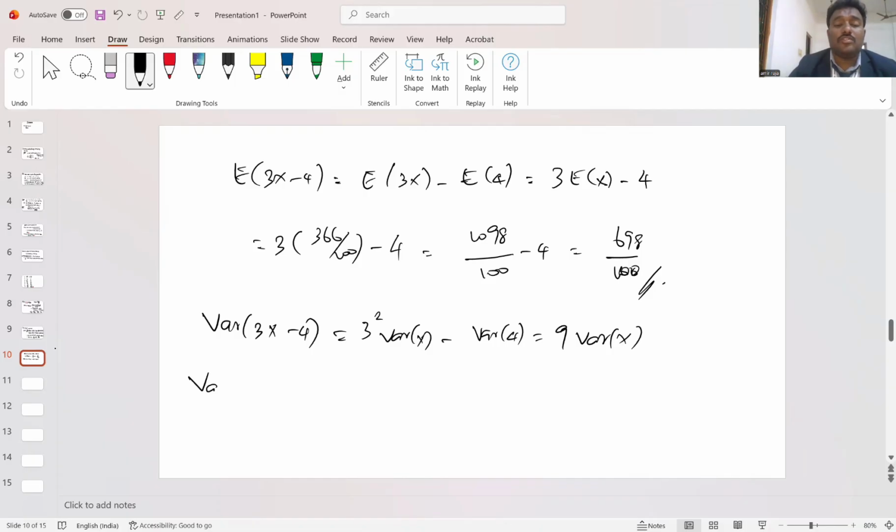The formula for variance of x is expectation of x square minus expectation of x the whole square.